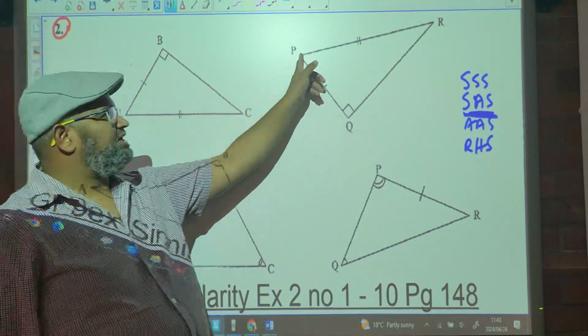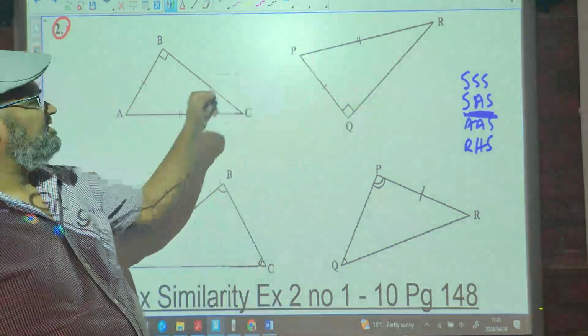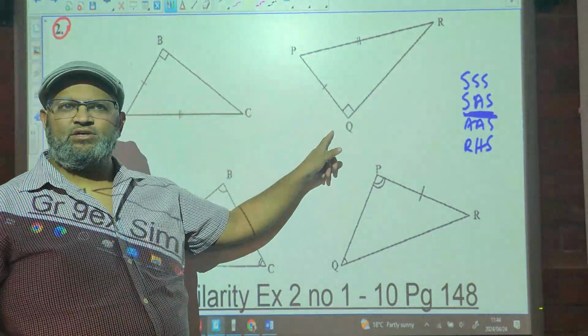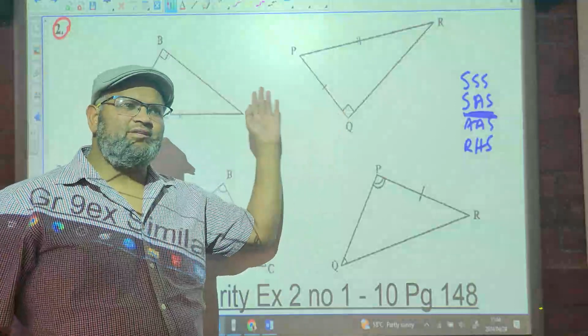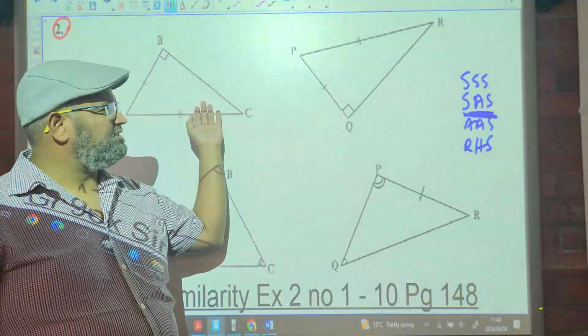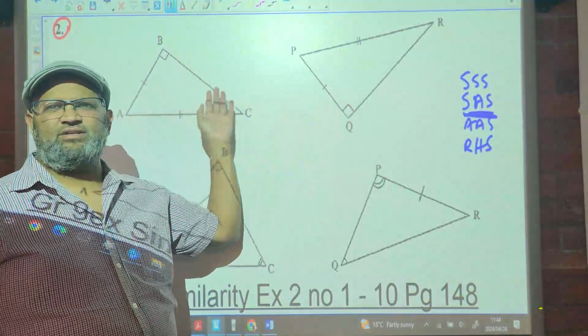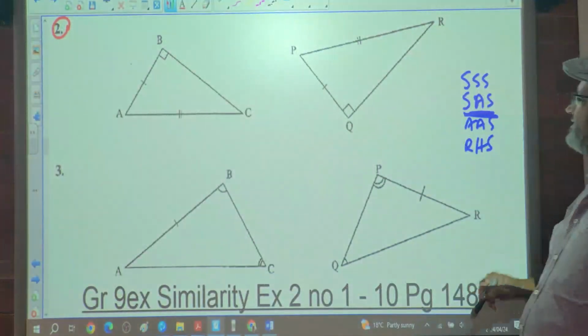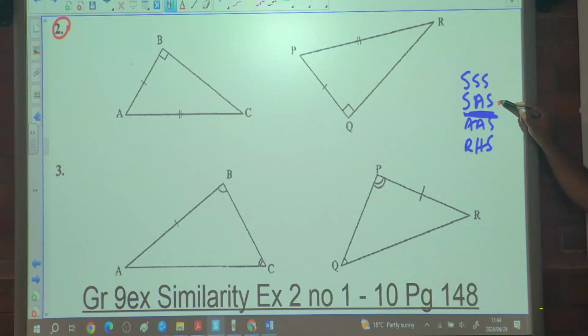Yes, the hypotenuses are equal. And BA is equal to PQ. Are these two triangles congruent? Yes. On what condition is this congruent? Sorry? Side angle side. But when we use side angle side, it must be the included angle.